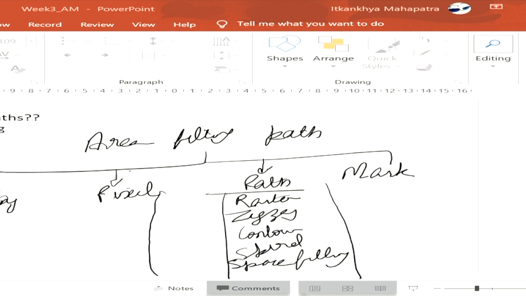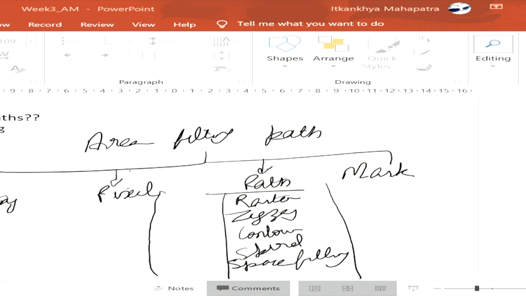Just wanted to confirm. Okay. So these are the various area filling parts.